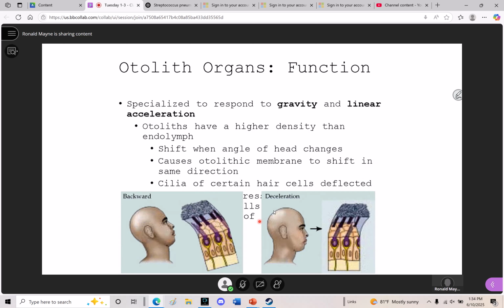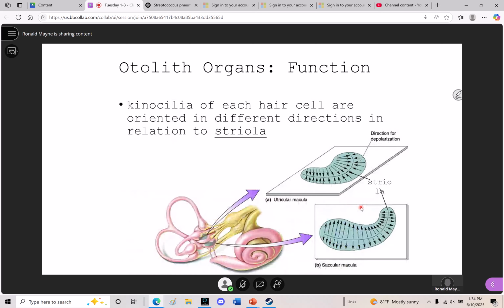Hidden in here is a description of the hair cells being bent. Moving your head backward bends those hairs backward. Moving your head forward bends those hairs forward. They're actually arranged so every slight movement gets covered.